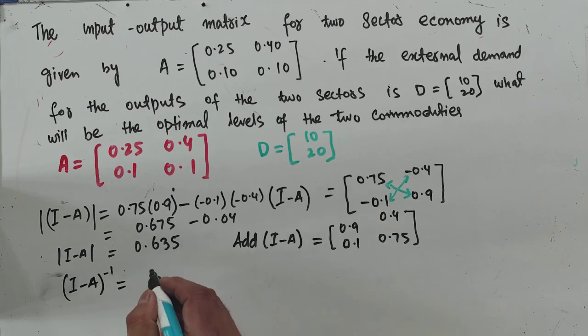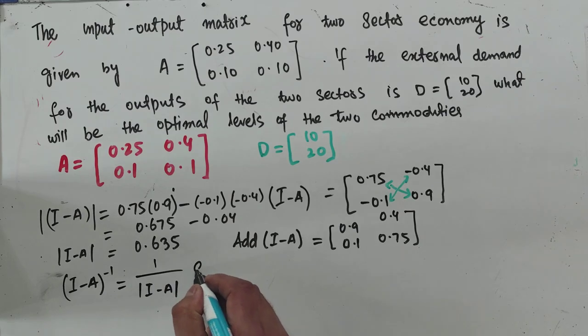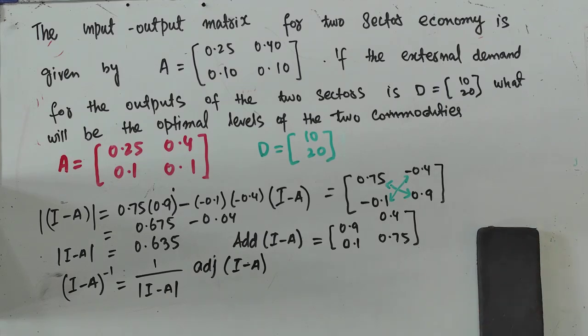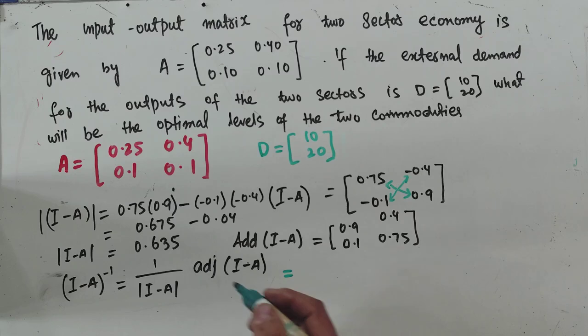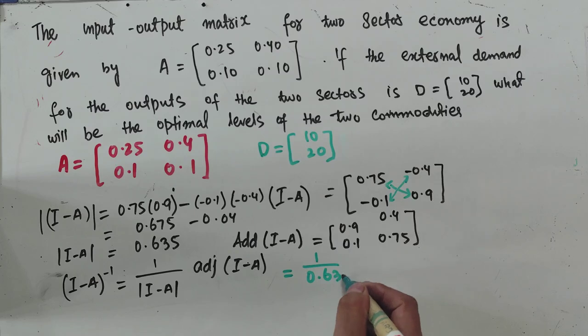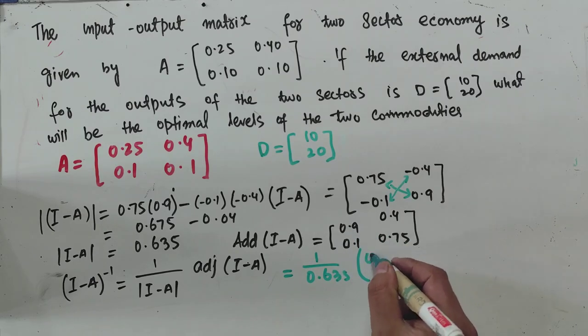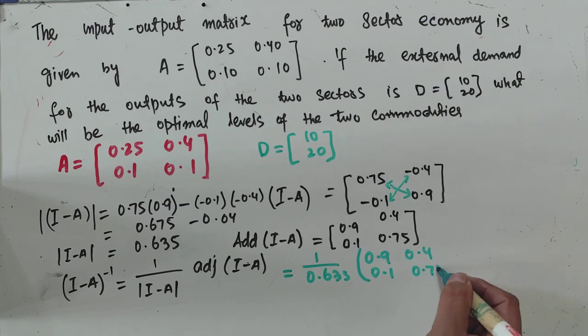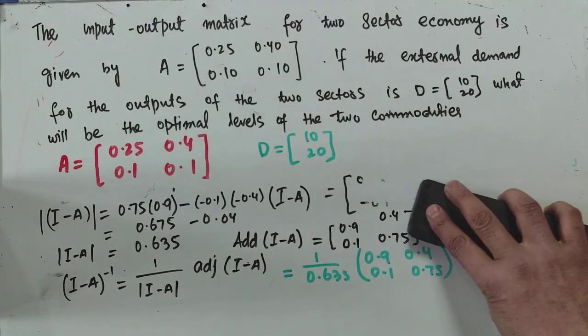The inverse is simply 1 divided by the determinant of the Leontief matrix I minus A times the adjoint of I minus A. So we can write it like this: 1 divided by 0.635 times this matrix 0.9, 0.4, 0.1, 0.75.